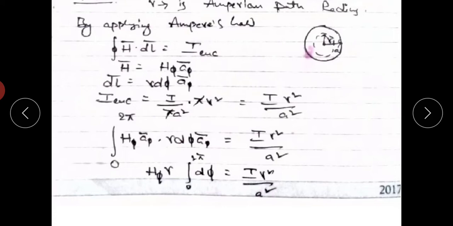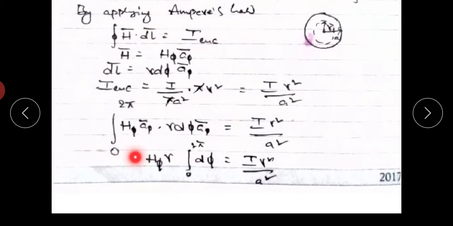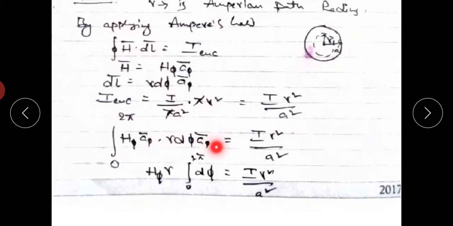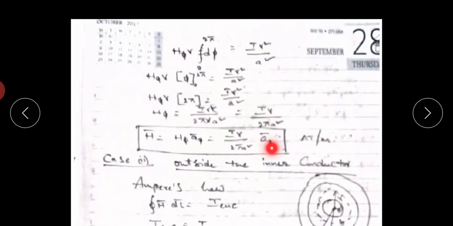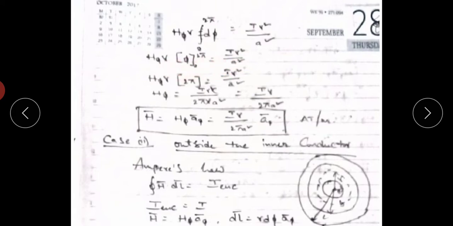Now substitute in Ampere's circuital law. Integral from 0 to 2 pi of H phi a phi dot r d phi a phi equals I r squared by a squared. It equals H phi r integral d phi equals I r squared by a squared. The integral of d phi from 0 to 2 pi is 2 pi.